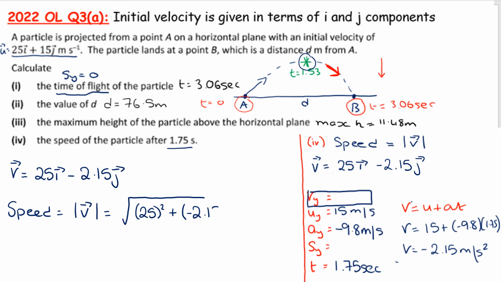It doesn't really matter if you bring in that sign or not, because we're squaring it, it's going to end up positive regardless. This is a version of Pythagoras. You can draw it out if you want, but really you want to be able to work this relatively quickly. This works out as 25.1 meters per second.